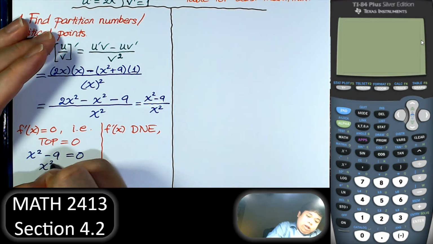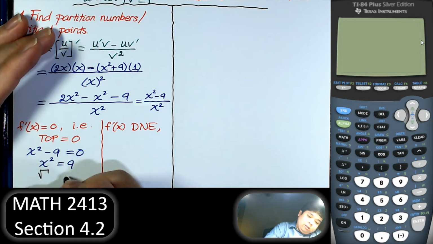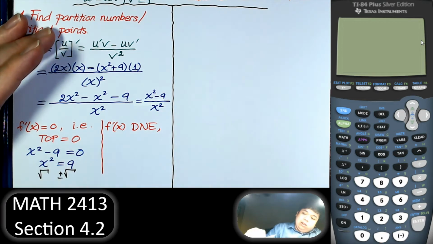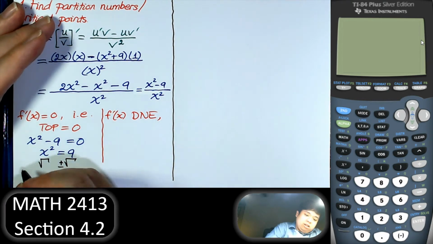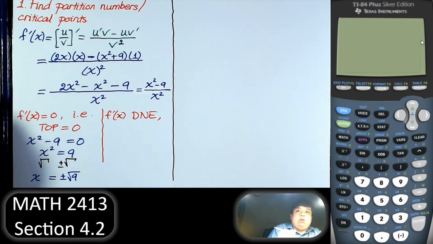So I have x squared equal to 9 and take the square root on both sides. Don't forget the plus or minus. So I have x equal to plus or minus square root of 9, or x equal to plus or minus 3.